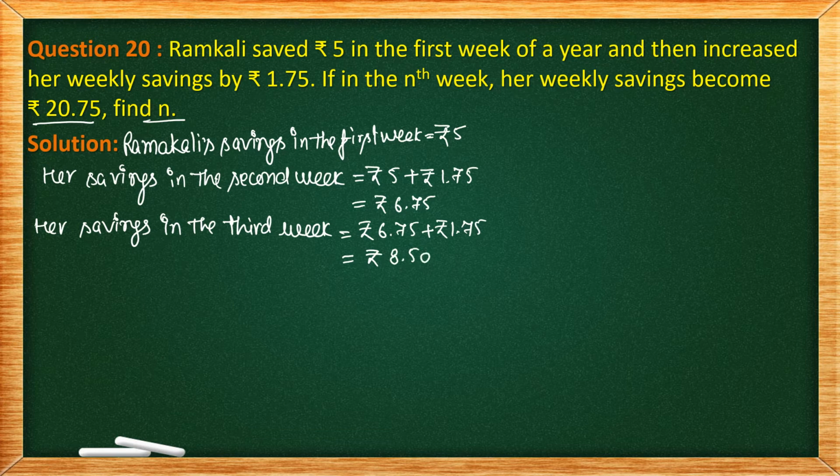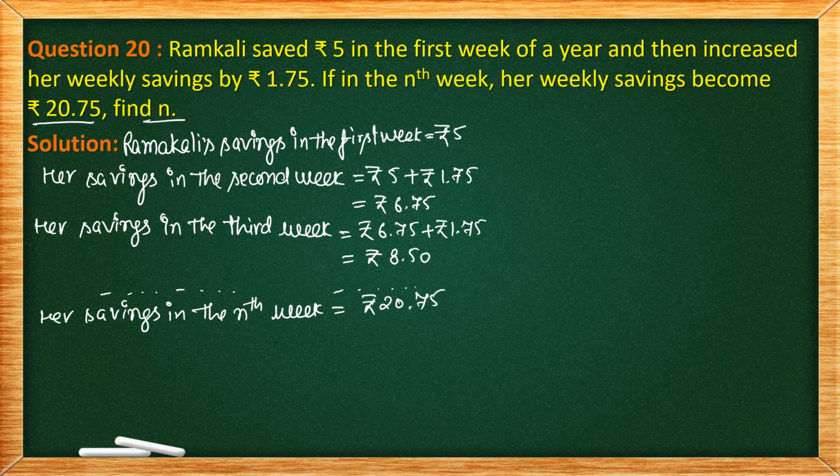In a similar manner, we can find out her savings for the other successive weeks, and also it is given her savings in the nth week is equals to 20 rupees 75 paise.